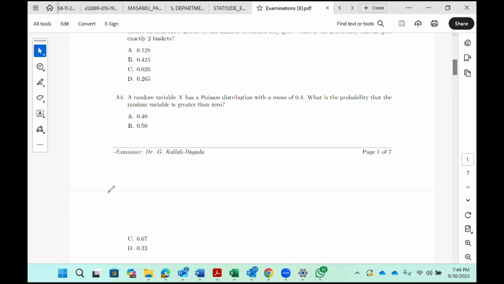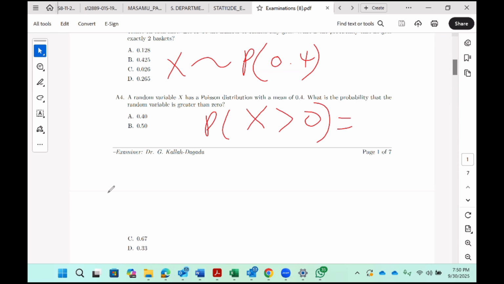So since x follows Poisson with a mean of 0.4, it means that your rate is 0.4. So the probability that x is greater than 0 will be equal to 1 minus the probability that x is equal to 0.